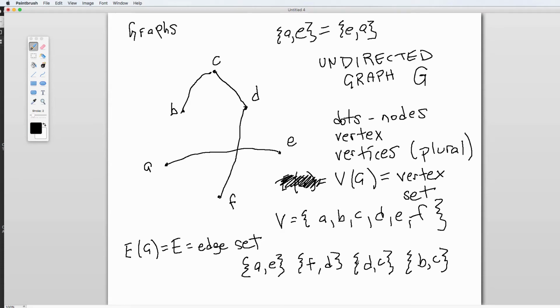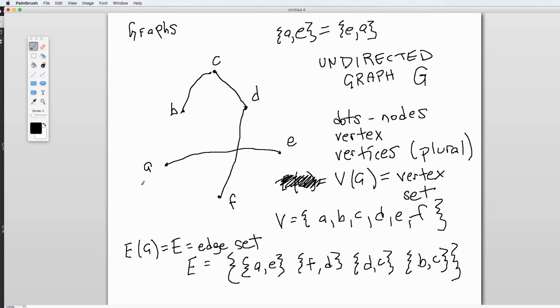So there's 1, 2, 3, 4 edges. Let's make sure I got them all. Here's 1, here's 2, here's 3, here's 4. And this is the edge set. It's equal to this set of sets.